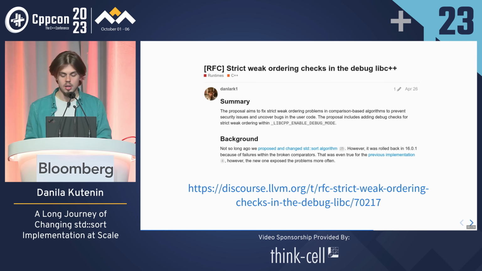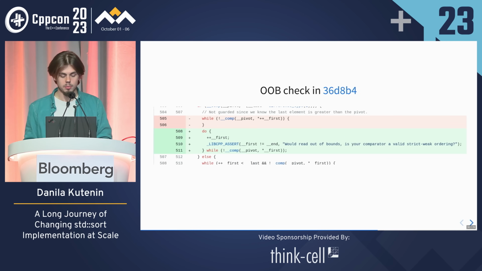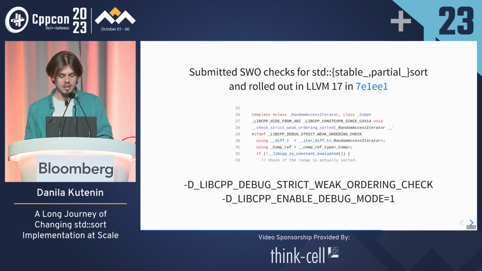It was accepted pretty fast. The first thing we did was an out-of-bounds check in the cases where we partition the elements in quicksort. That gives us the opportunity to find that if it fails on, for example, line 510, then your comparator is not a strict weak ordering.